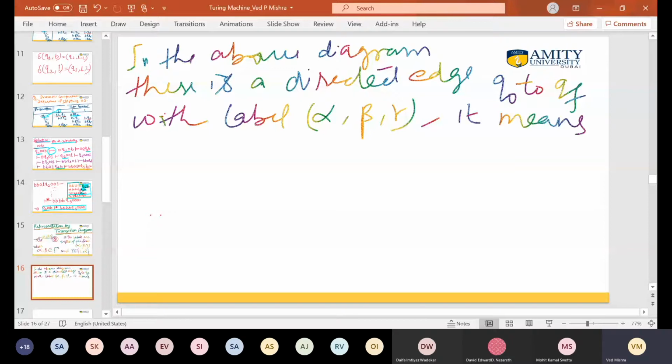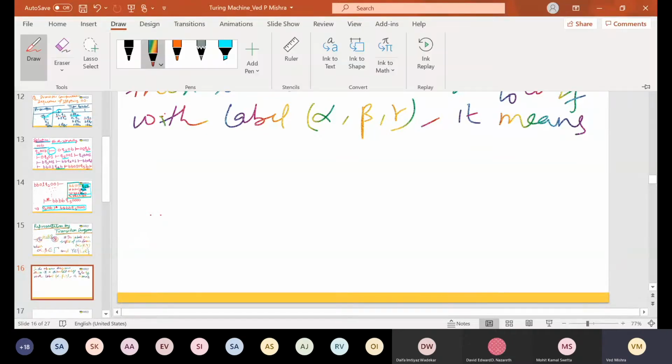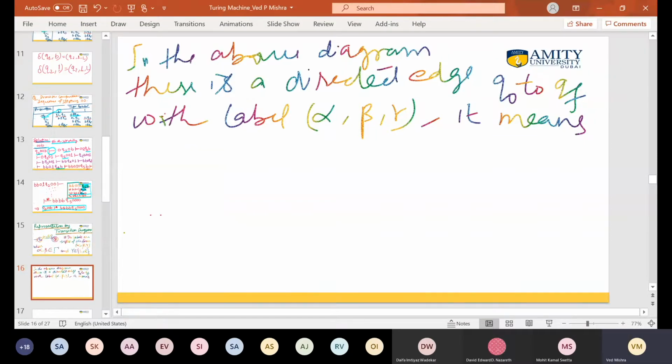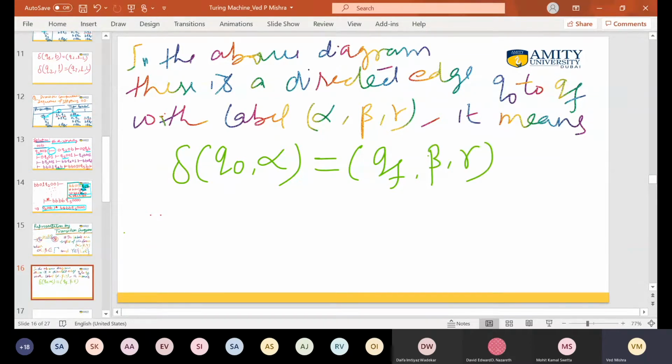It means you will write delta of Q0, comma alpha, where alpha is the input symbol, which you can take from the tape symbols, equal to QF, beta, gamma.